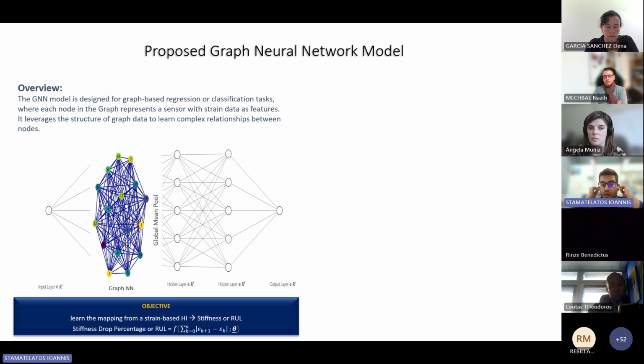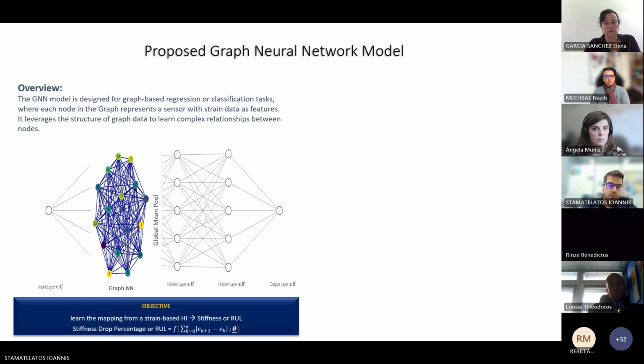So in the graph neural network, each node of the graph can represent a specific strain sensor. In our example, we had 16 strain sensors. As you can see, we have 16 nodes, and this plays the role of a community. Like you have 16 sensors that form a community, and they can communicate with each other.